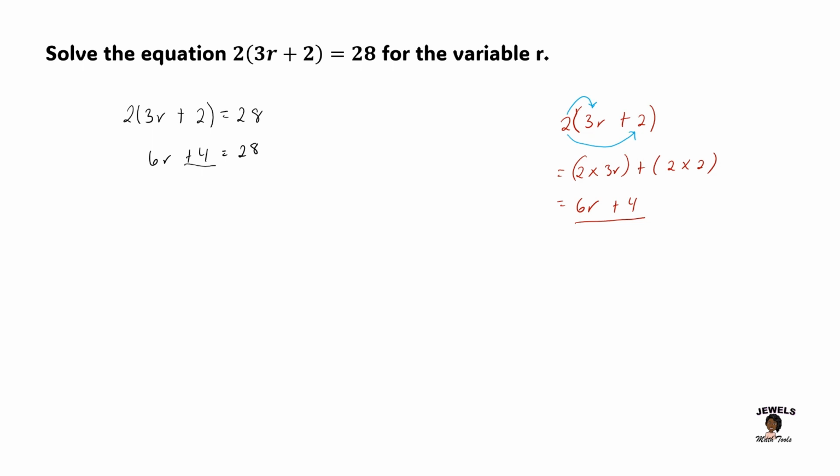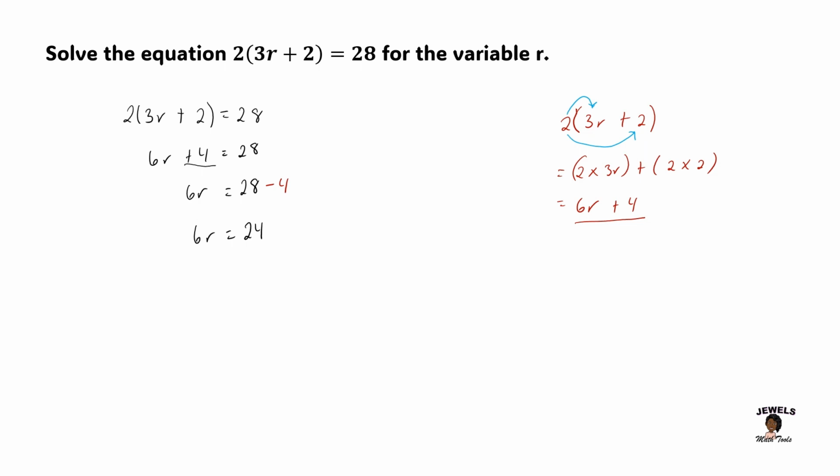Remember that if we're collecting like terms and since 4 is being added in our equation, that means that when I group this number over the equal sign with 28, I'm now going to subtract that 4 from 28. So now let's simplify the right hand side of our equation. So when 28 subtracts 4, this is equal to 24. And now we've completed the first of our two steps.